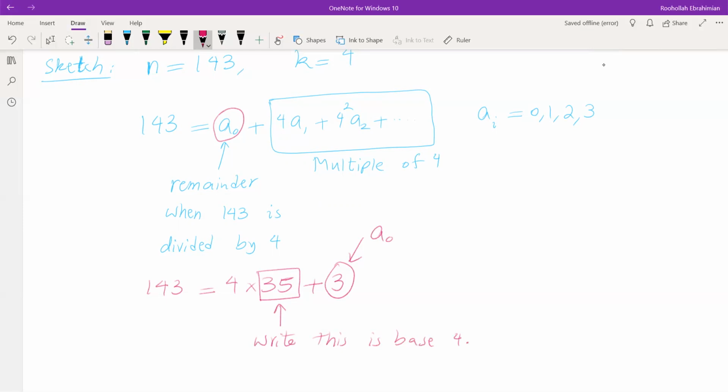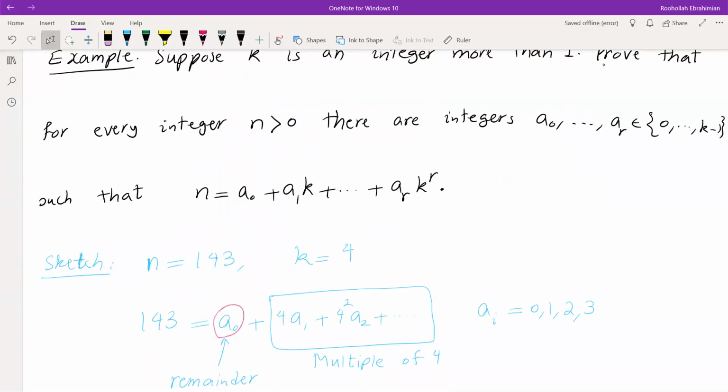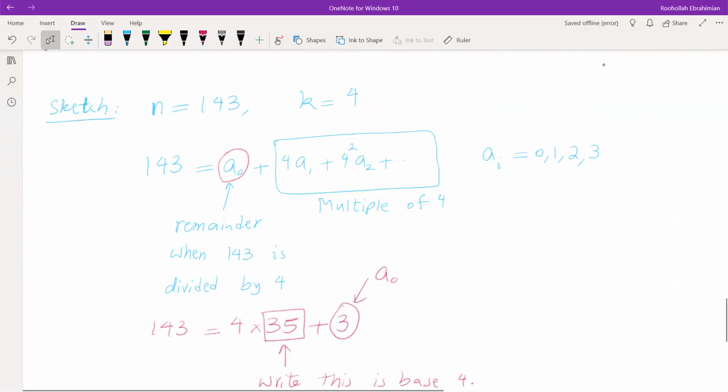So the idea is start with the base case, start with proving it for the smallest possible value. In this case, because they said positive integers, you start from 1. And then after you prove it for 1, you assume it is true for n, and then you prove it for n plus 1. So there are 2 steps for that.